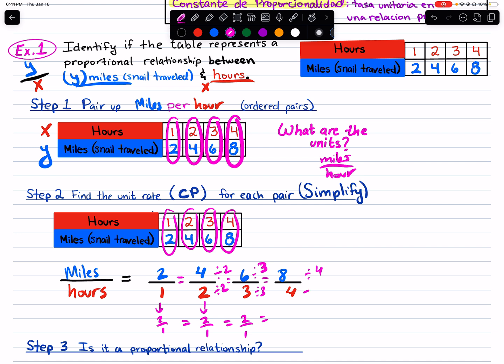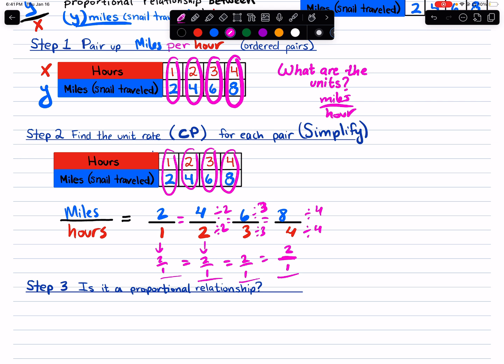Now we're going to divide by 4 on this one, because that's the biggest number that I can. 4 divided by 4 is 1. 8 divided by 4 is 2. Oh, yes. This is a perfect relationship. They will be lasting forever. Is this a proportional relationship? Absolutely.